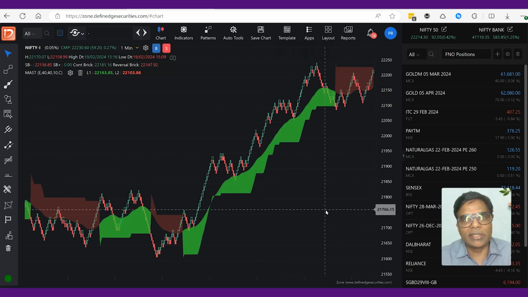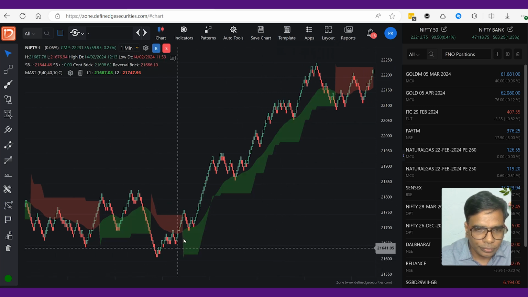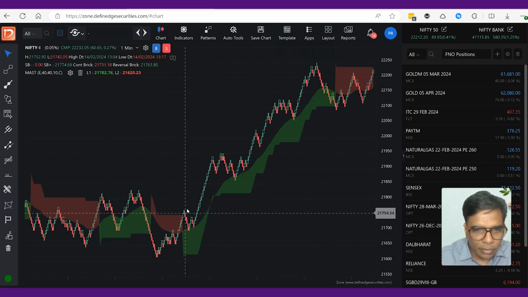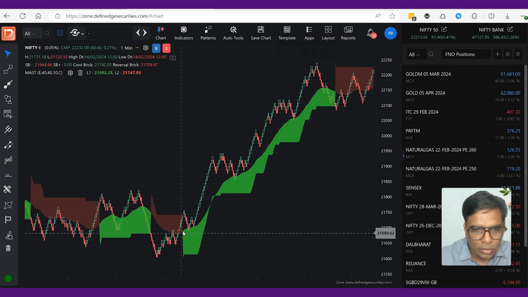And the trading system, the backtesting system that we are going to use, is very simple. Now if the Renko bar closes above the bullish MAST, can you see that, right?